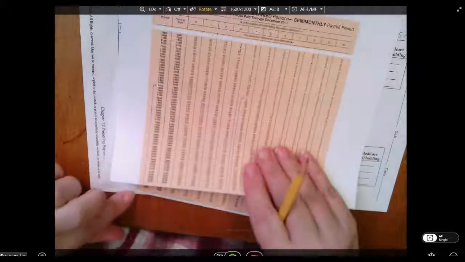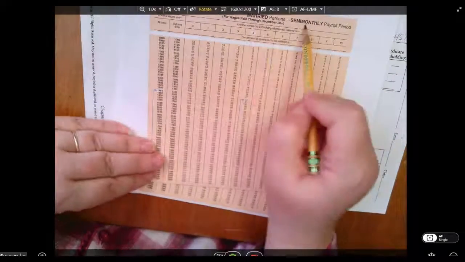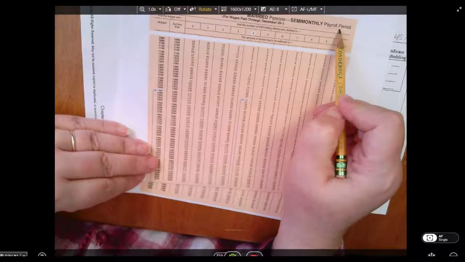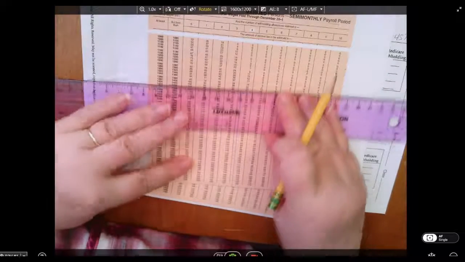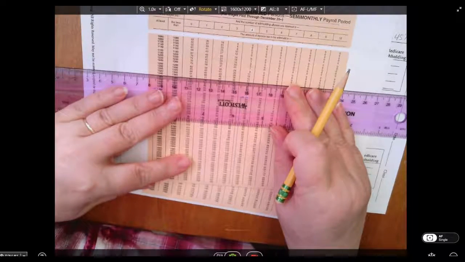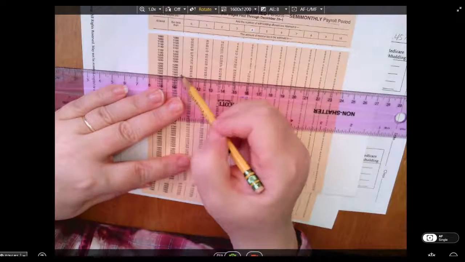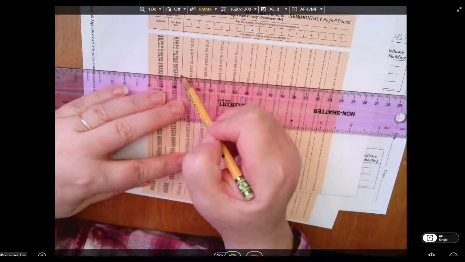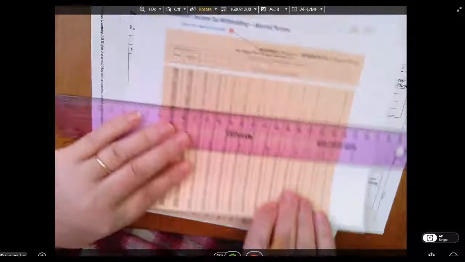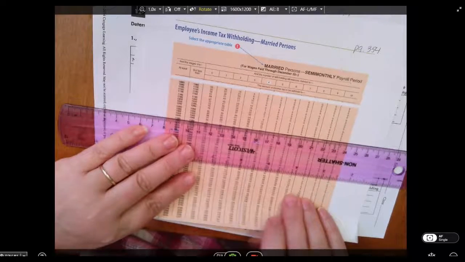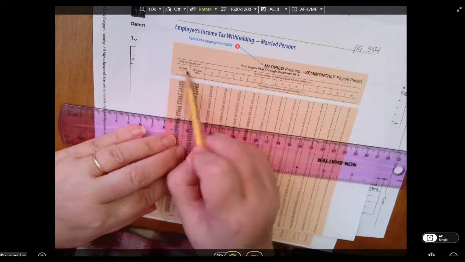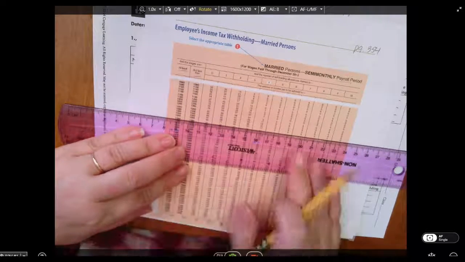He's making $1,360, so we are going to look on our married semi-monthly payroll table for the amount of money that he makes. When you're looking at the tax table, it says at least, but not less than.